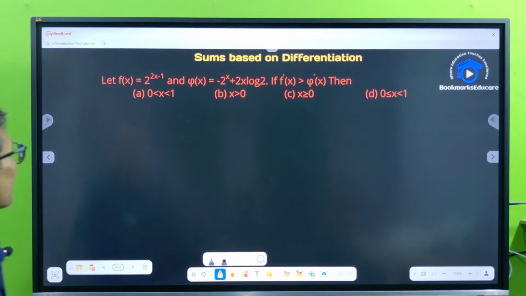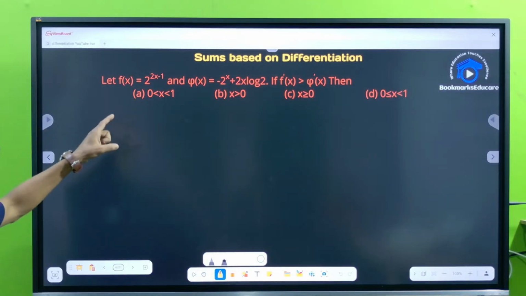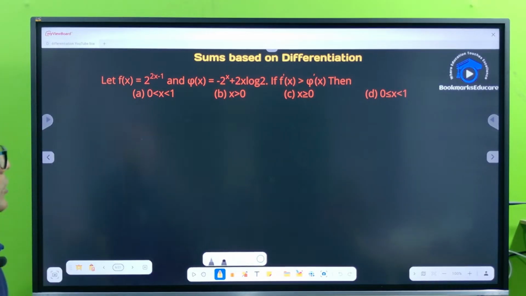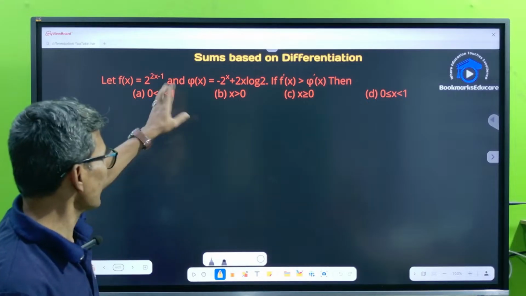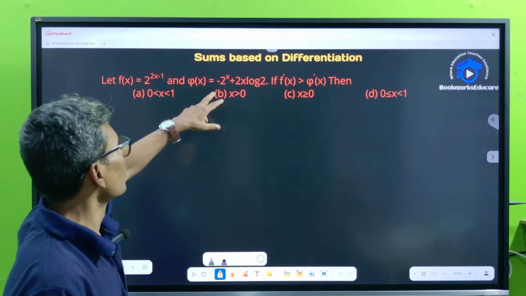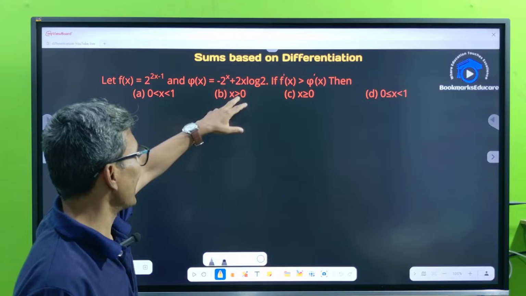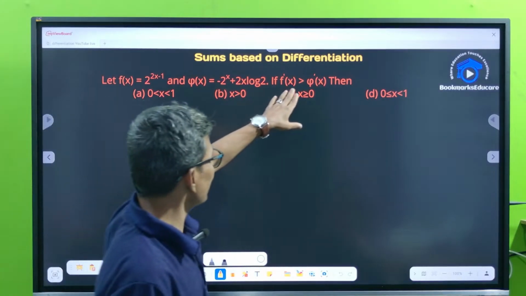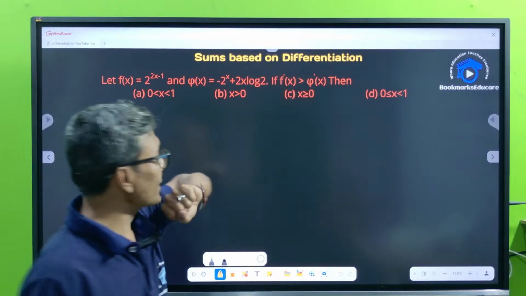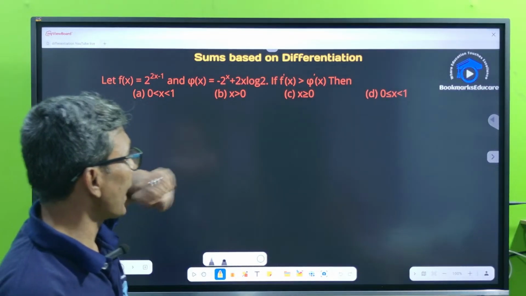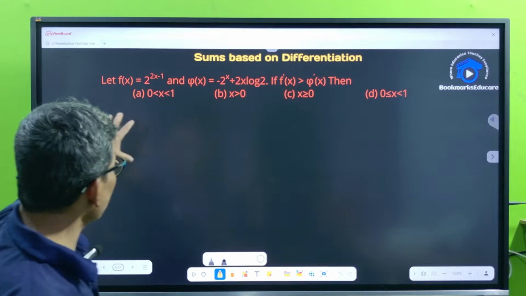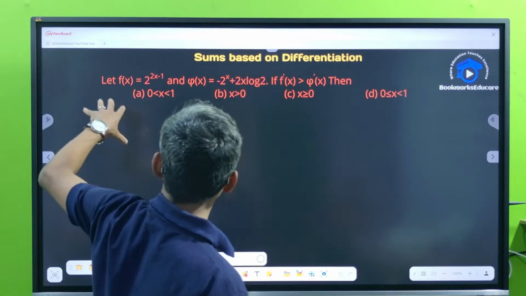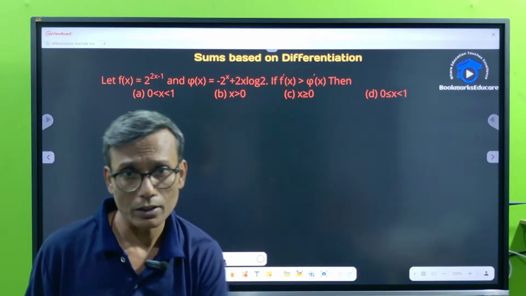First sum: let f of x equal 2 to the power 2x minus 1, and psi of x equal minus 2 to the power x plus 2x log 2. If f dash x is greater than psi dash x, then what will be the answer among the given four options?